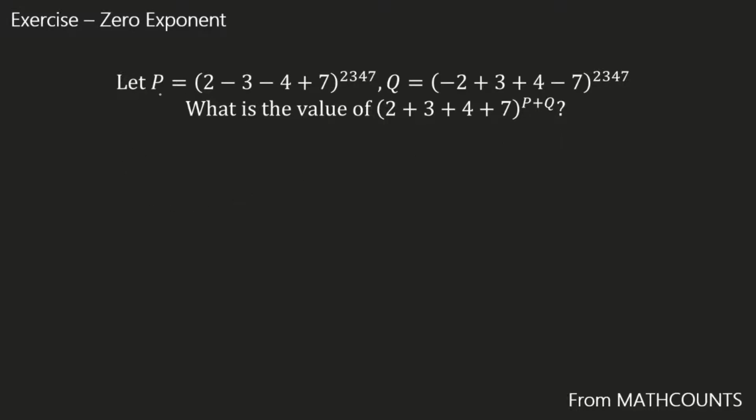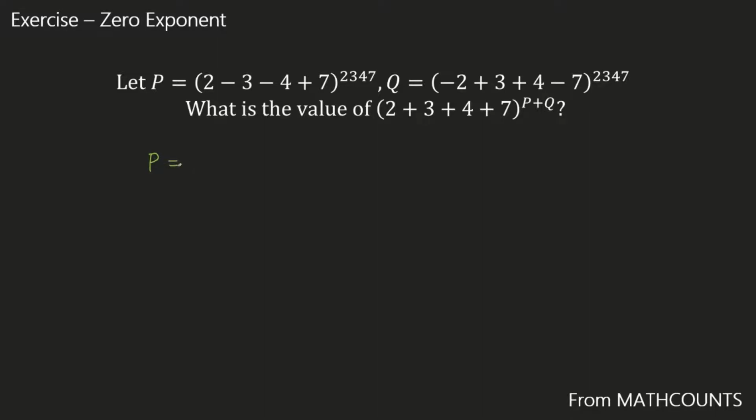Now if you look at P and Q and look at their base, you'll notice that if we factor out a -1 out of this expression here in the base, it's essentially the opposite of what's in the base of Q, okay? Because every sign is the opposite from one another. So let's go ahead and do that.